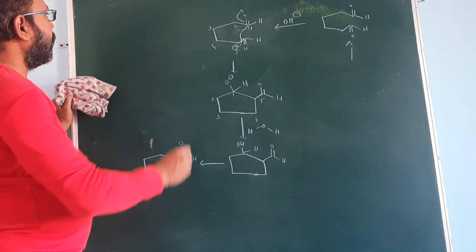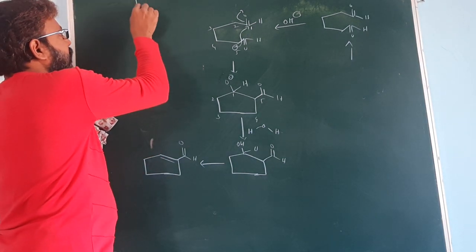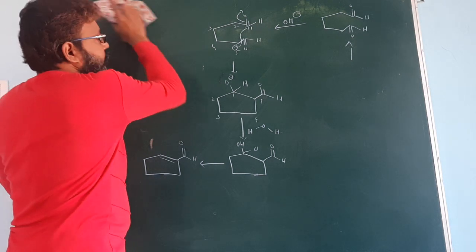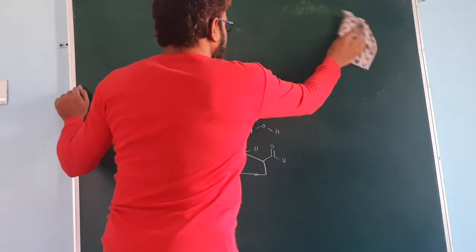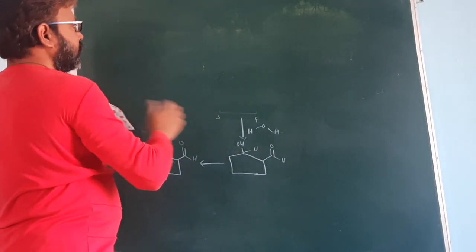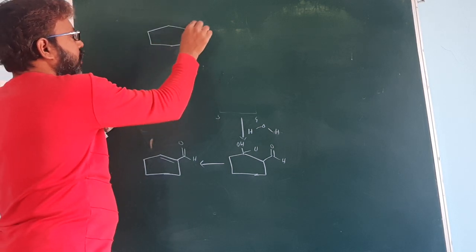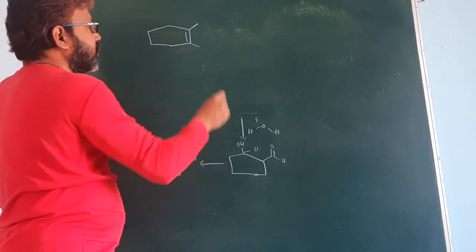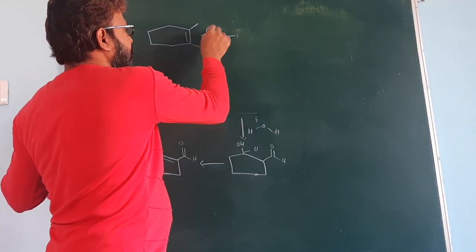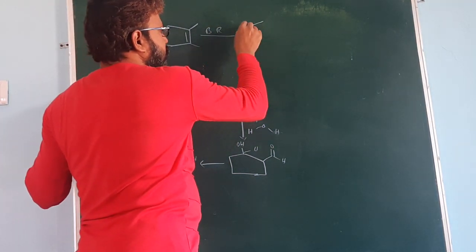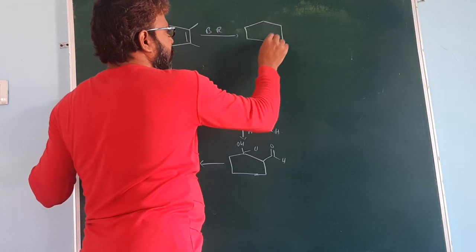So reactant is 1,2-dimethyl cyclohexene. It reacts with Bayer's reagent to give diol.